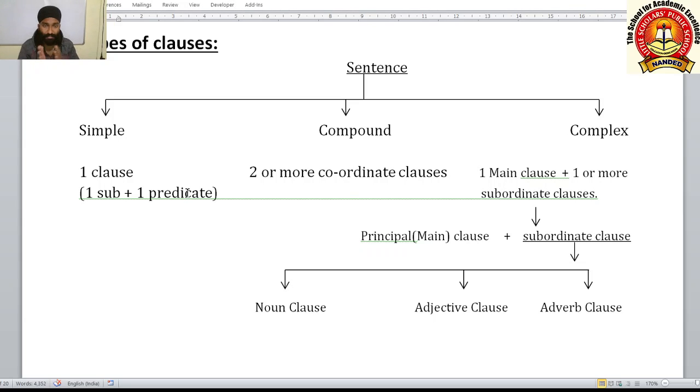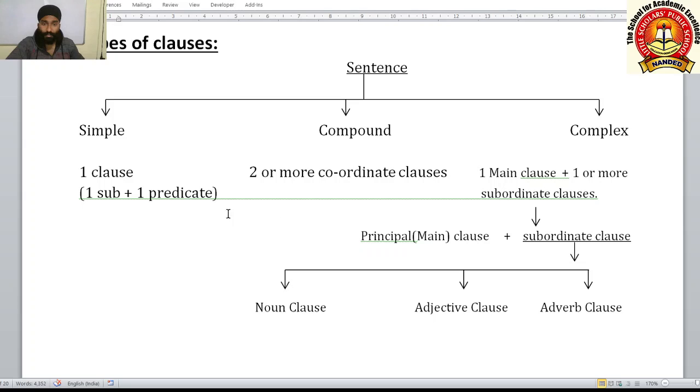So if you remove the subject from sentence, the remaining part will be predicate. We are going to the cinema hall. In this sentence, we is the subject and are going to the cinema hall is predicate.